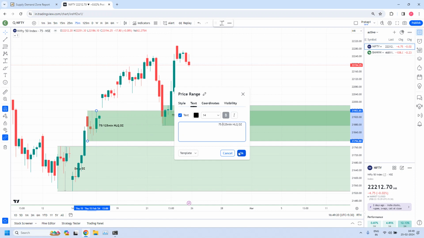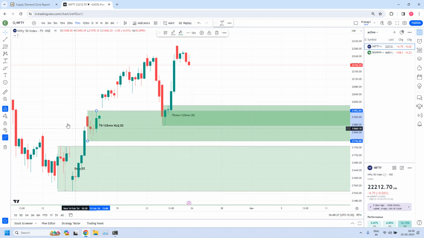See, many times there may not be much difference between 75 and 125 minutes, but sometimes there won't be a 75 minute zone but there can be a 125 minute zone, or vice versa. But in this example, both are exactly the same. Only the number of candles is increased.